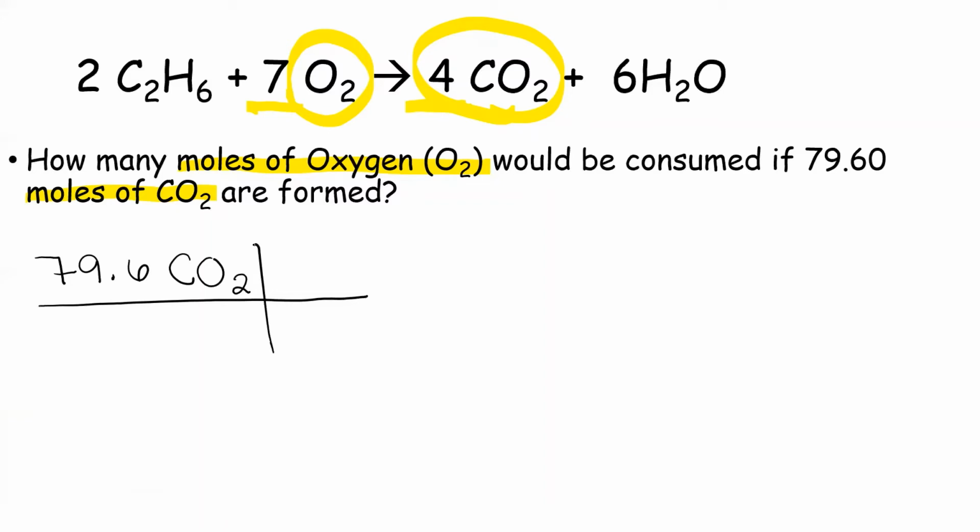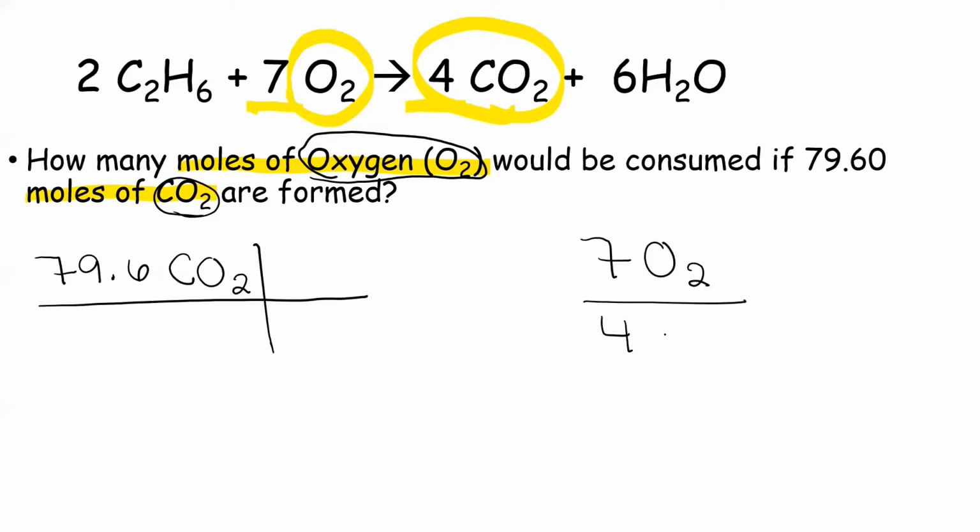Now I need to figure out what conversion factor to use based off the 2 elements or compounds that are given in the problem. In this case, I'm going between oxygen and carbon dioxide, so that for every 7 O2, there are 4 CO2s produced. And I can write this out either way and put 4 CO2 over 7 O2.